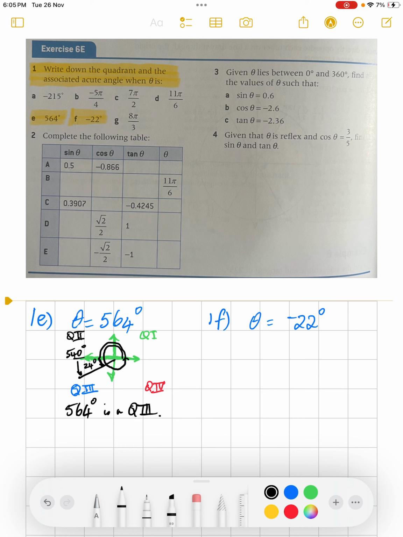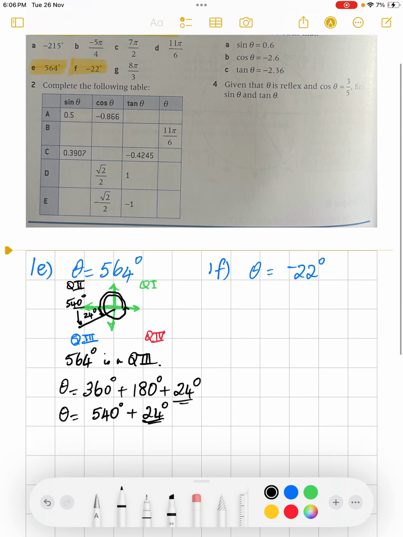Now this is shown by, you could say, theta is 360 plus another 180, plus another 24 degrees. So from the x-axis, it's 540 degrees plus 24 degrees. This is our acute angle.